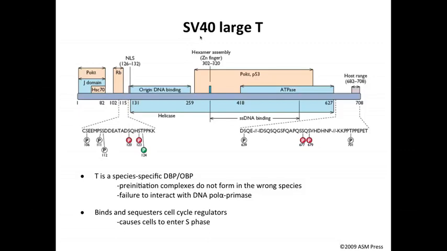And as I've said, or I've hinted, the T antigen binds and sequesters cell cycle regulators. So RB and p53 are two cell cycle regulators. T antigen binds and sequesters them. That makes cells enter the S phase of replication. And why the virus would want to do that will become obvious in the next segment.